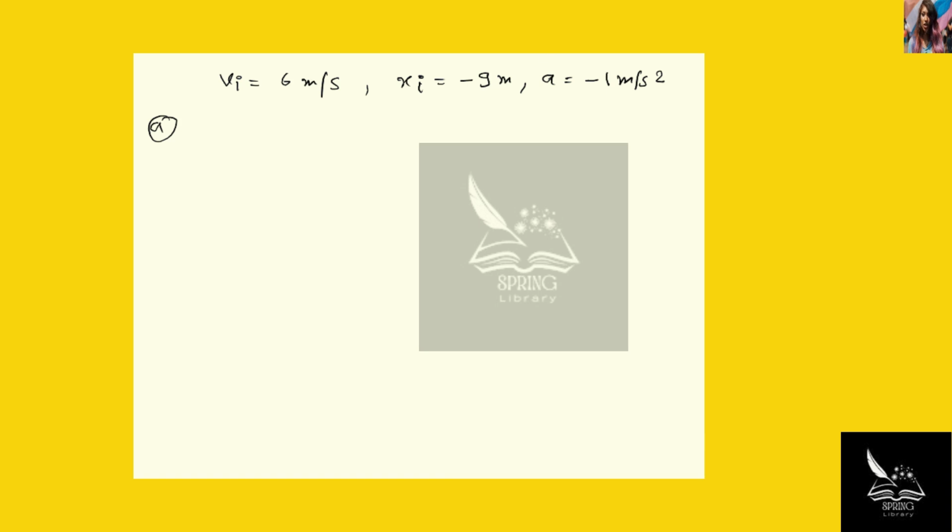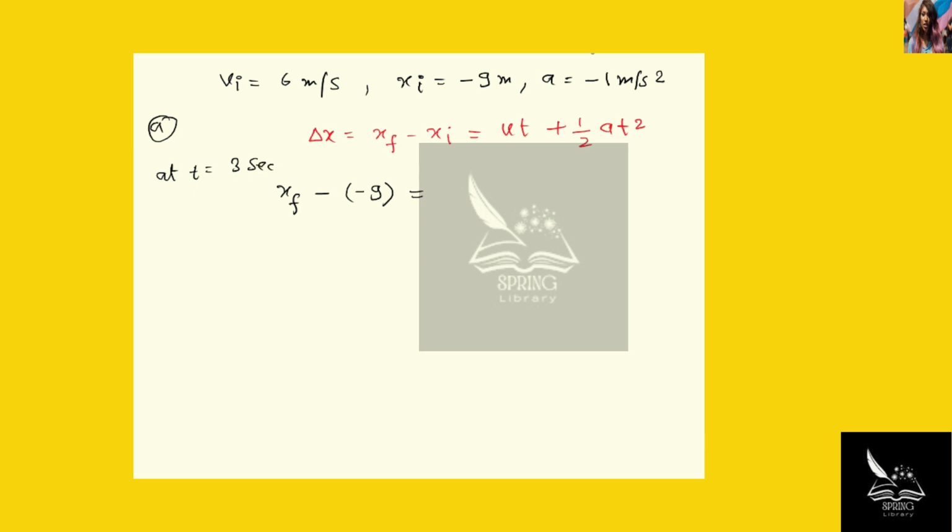we know that the displacement, that is delta x, or we can write x final position minus initial position, is equal to ut plus half at square. Now the final position minus the initial position, which is given as minus 9 meter, is equal to, let us calculate at time t equals 3 second.